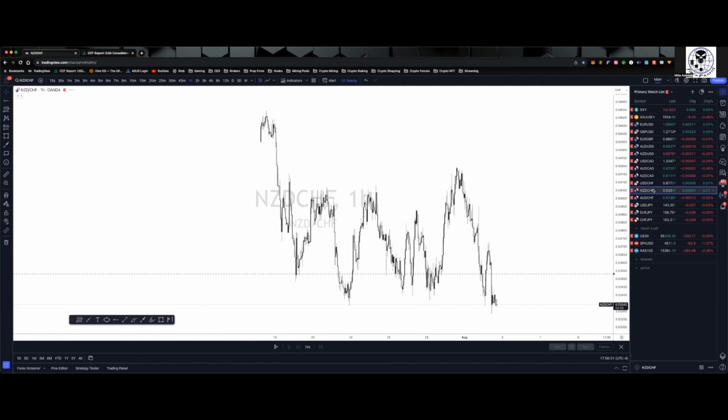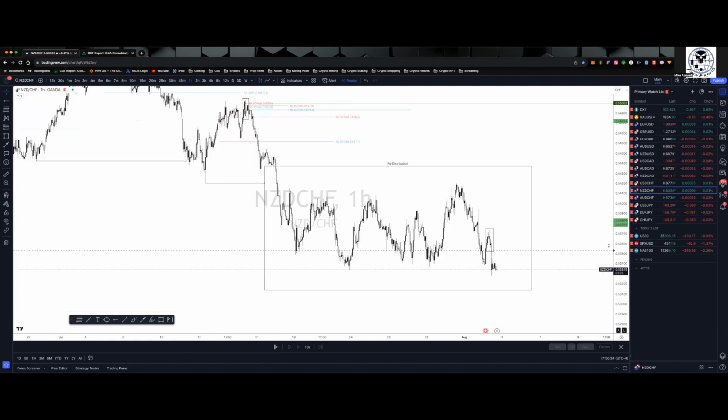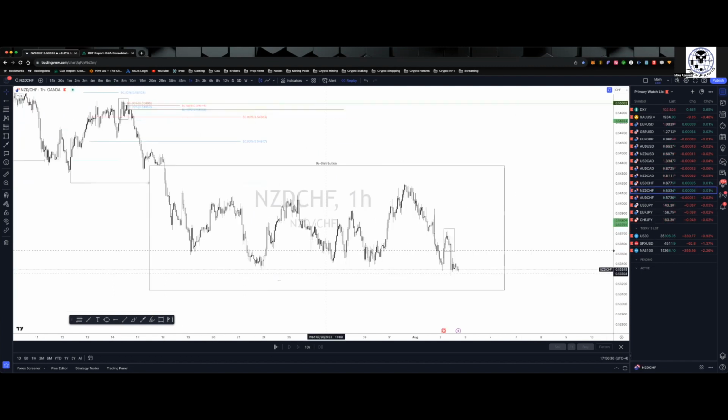And same thing with NZD Chef, right? I like how we've confirmed the redistro. Ultimately at this point, it's this right here where I'm looking.